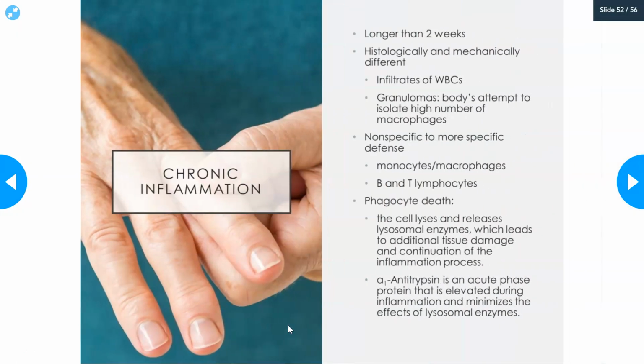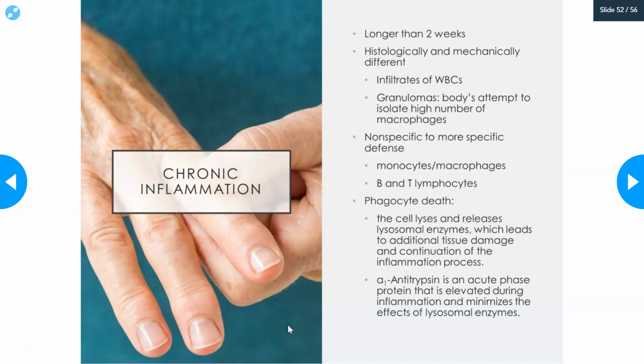And chronic inflammation would be an inflammation that is at least longer than 2 weeks and generally lasts weeks to months. It's histologically and mechanically different from acute inflammation. You do see infiltrates of white cells, and they can become granulomas, which is the body's attempt to isolate high numbers of macrophages.